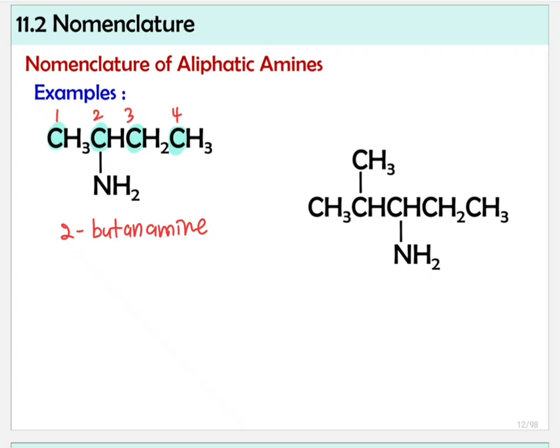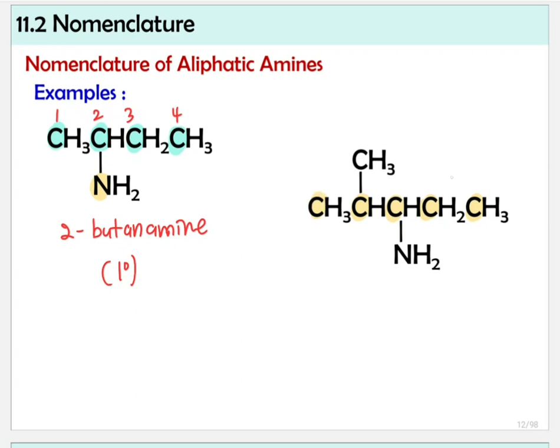Okay. And for the class, this nitrogen is bonded to one carbon only. Therefore, this is a primary amine. Okay. So, the next compound, again, kita nak cari longest chain that contains NH2. So, 1, 2, 3, 4, and 5 carbon.